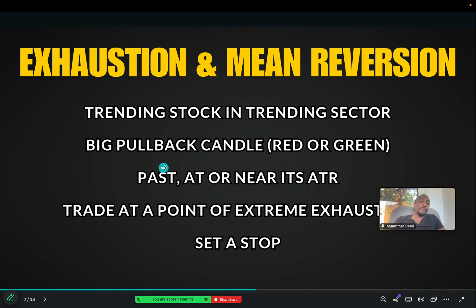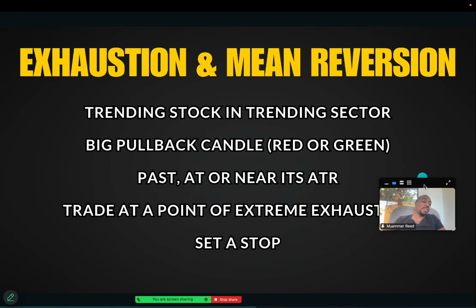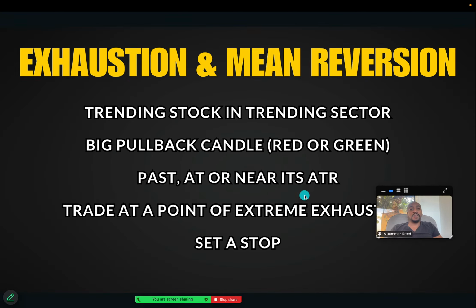So you're looking for something that's past, at, or near its true range, meaning this stock tends to move, let's say over the last 2 weeks, no more than $5 or no more than $1. So if it's moved $5.50, it's probably exhausted to the upside or downside. On a stock that tends to move $1, if it's at 90 cents or $1 or $1.05, it's probably not going to go that much past that from a statistics standpoint, right?